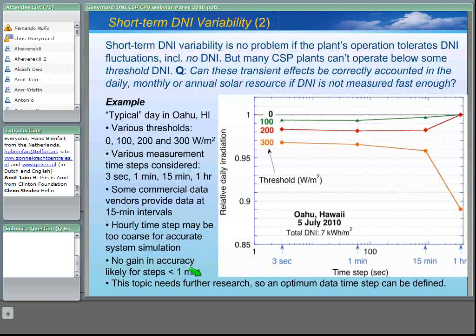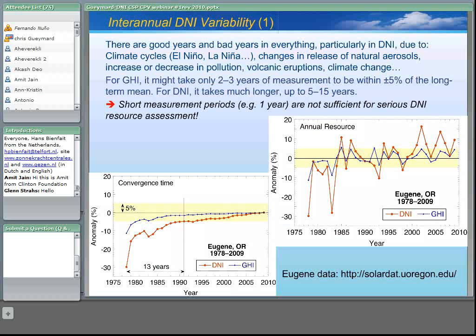And we have here what happens in Eugene, Oregon. I mentioned Eugene before with the Eugene syndrome. So these are the measurements since the very early, since actually 1978, when the measurement started.